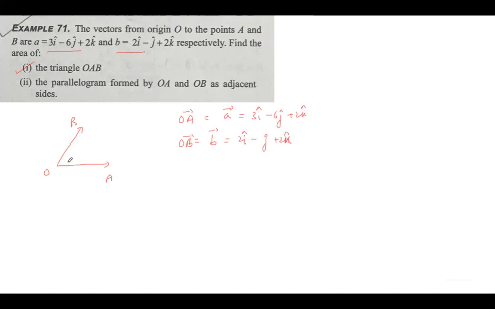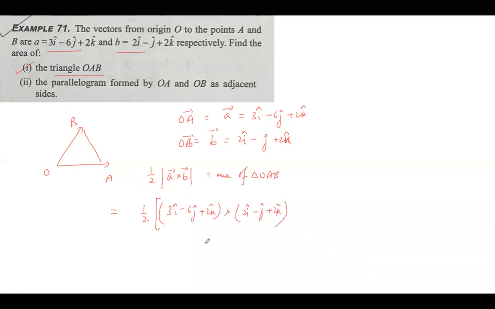Now if we have to find the area of triangle OAB, this will be half of vector A cross B. This is the area of triangle OAB. So we find half of A cross B, half of 3i minus 6j plus 2k cross 2i minus j plus 2k.